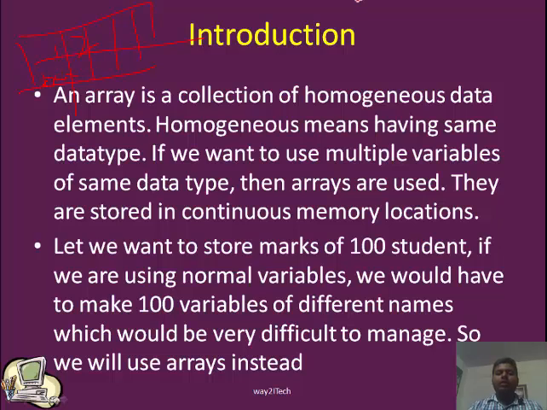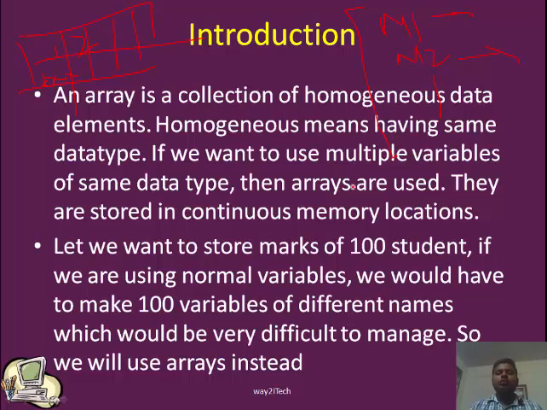One method is to declare 12 variables like m1, m2, m3, m4, and put the sales in these variables. The sale of the first month will come in this variable, the sale of the second month in this variable, and so on. But this is a tough and time-consuming task.